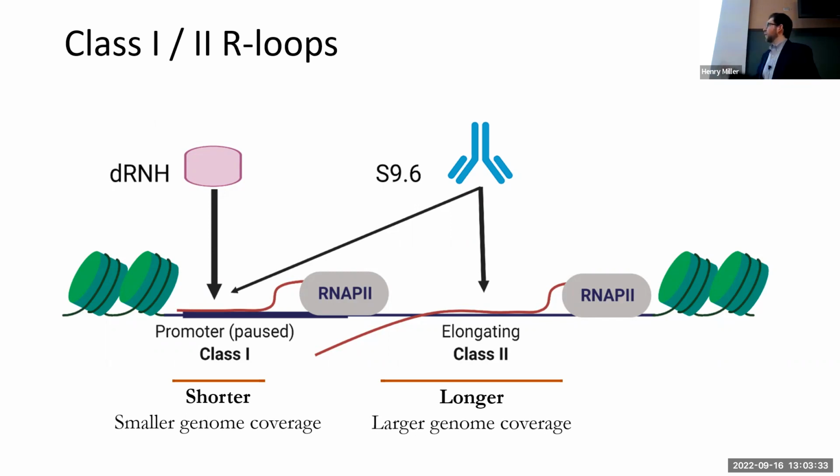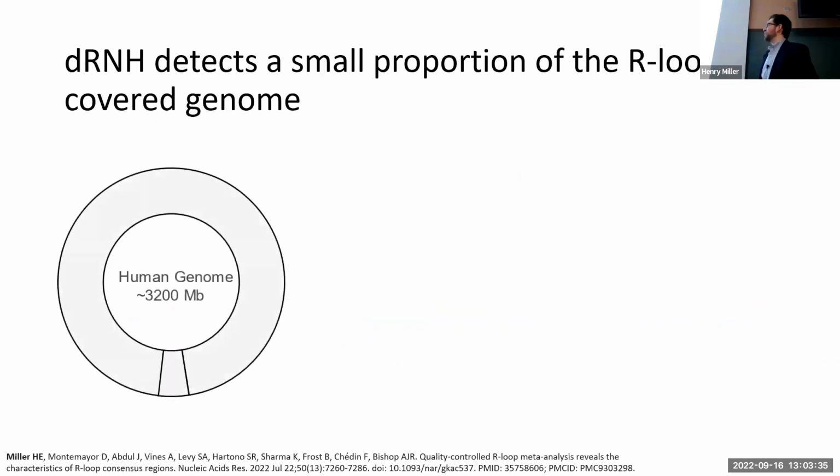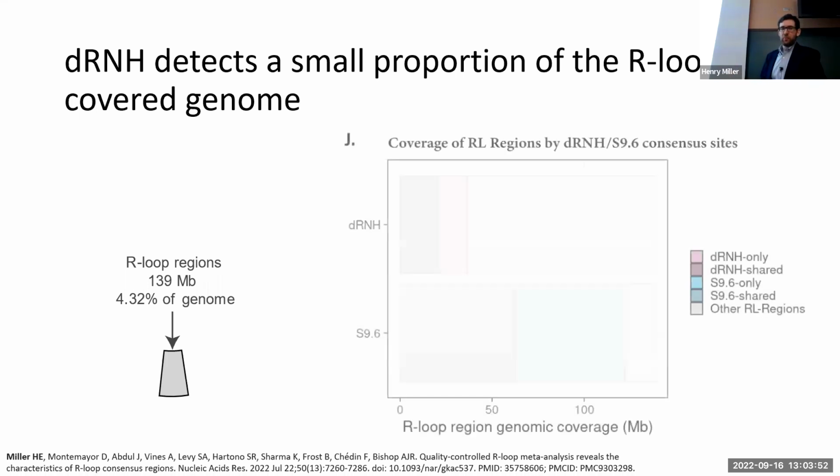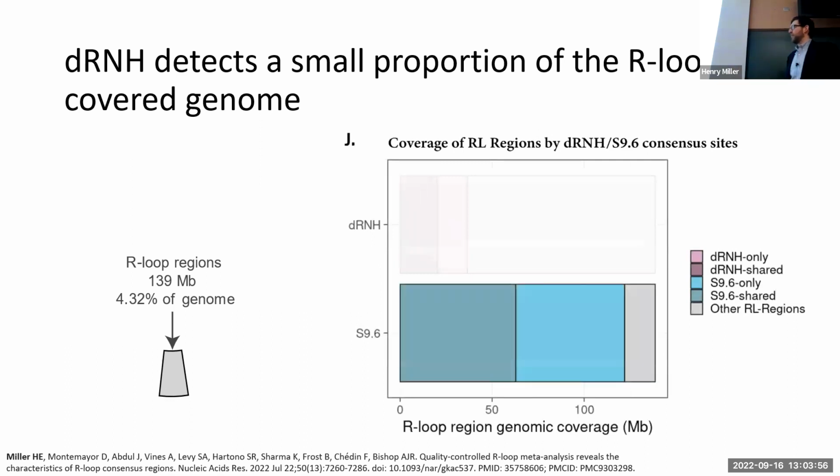And so in looking at the human genome, about 3,200 megabases in total, we zoom in here on the region that is covered by our R-loop consensus sites. And that covers about 139 megabases, or 4.32% of the genome. So in breaking that down by S9.6 and dRNH, we can just see right off the bat that most of that distance is actually covered by S9.6 consensus peaks.